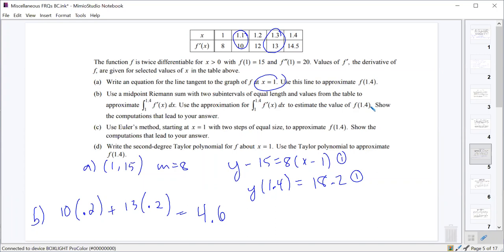And then we're estimating the value of f of 1.4. So how do we find it using this integral? Right. F of 1 plus 4.6 is approximately equal to f of 1.4. So that ought to be, what was f of 1, 15, right? So 19.6.